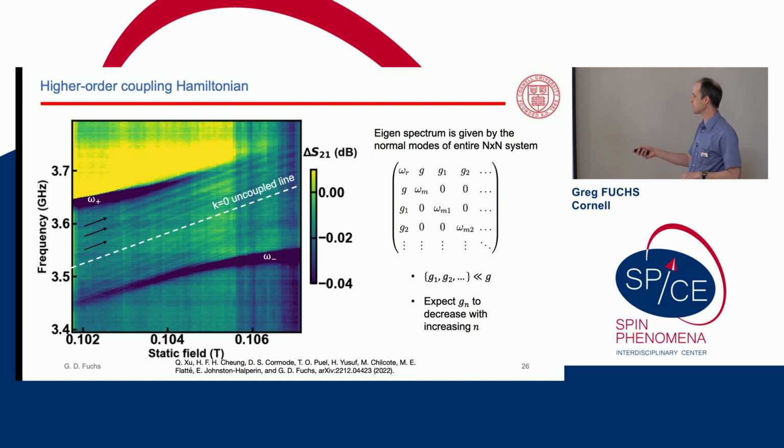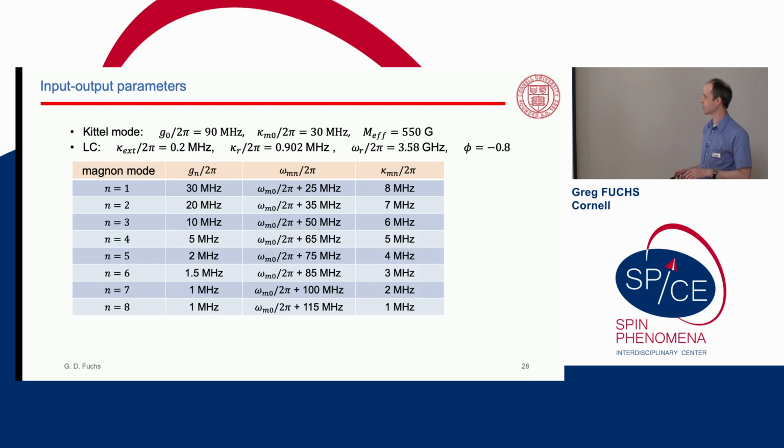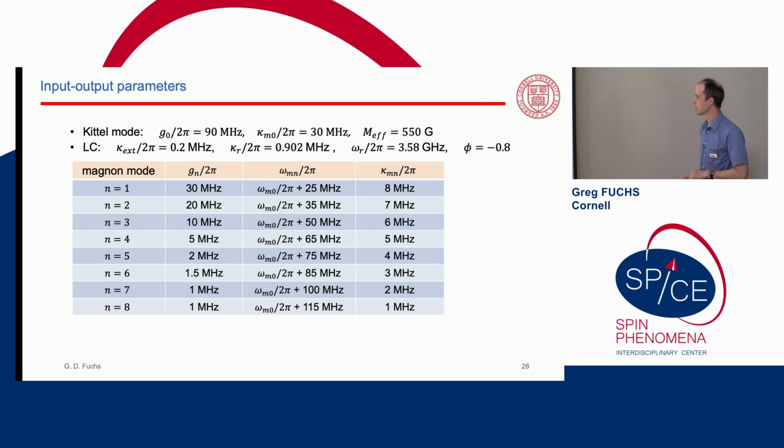So that means that these G sub n should be getting smaller and smaller as we go to higher orders. And so if we extend the regular input-output theory, and I'm not sure if this is showing up in this projector very well, we can reproduce these streaks just by putting these magnon modes into the model. And of course, it's impossible to fit data as complicated as these, but what we can do is try to get a good match.